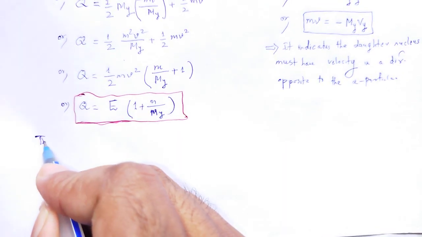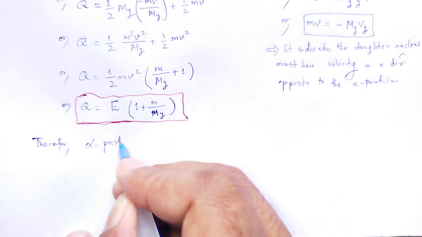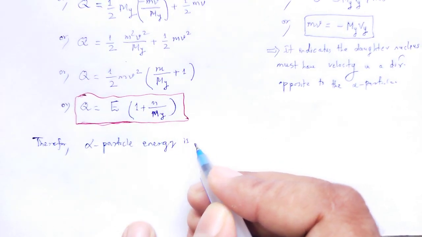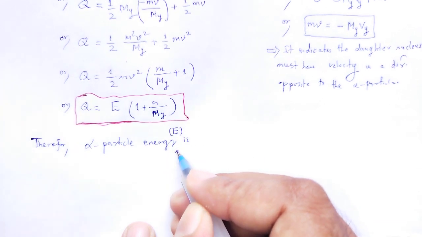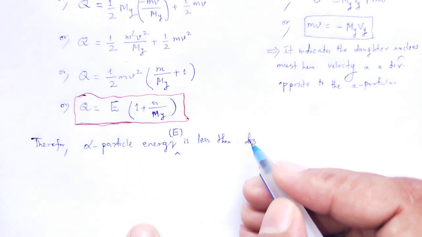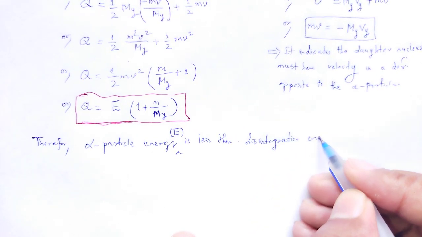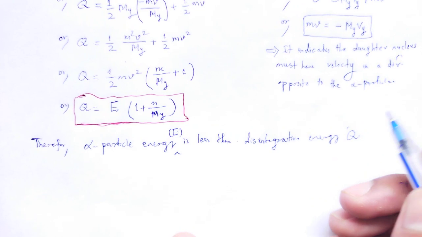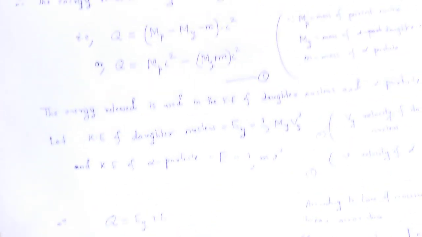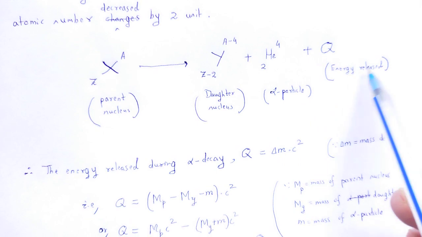Therefore, the alpha particle energy E is less than the disintegration energy Q, that is the energy released during the alpha decay process. Here is the alpha decay process: parent nucleus, daughter nucleus, alpha particle, and the energy released.